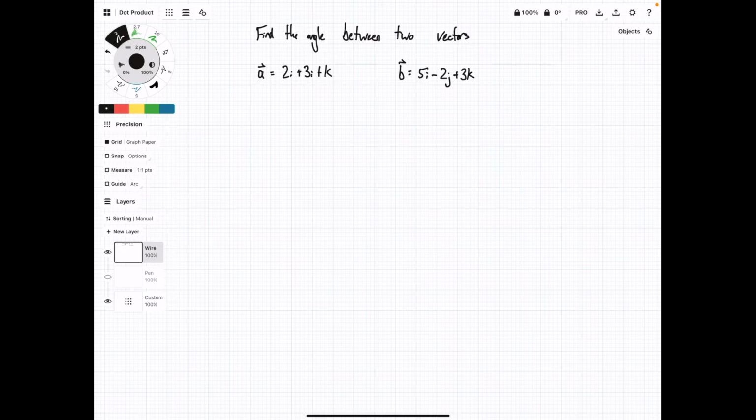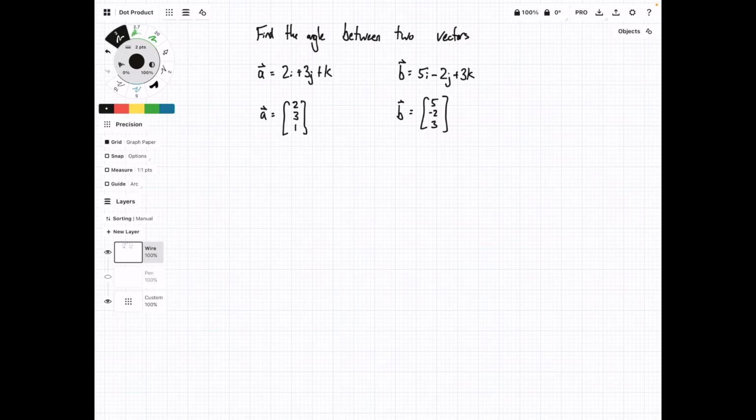For this last problem, we want to find the angle between two vectors, and this time we're given the vectors in terms of i, j, and k. So really, vector A is 2, 3, 1, since we can imagine we have a 1 in front of this k coefficient. And then for B, our vector is 5, -2, 3.